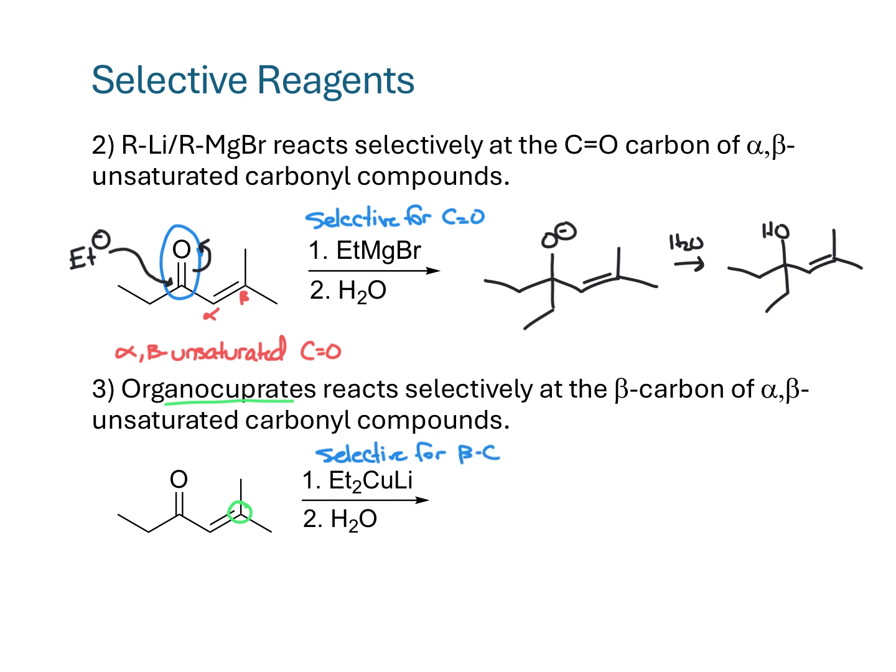So again, you have to have the alpha-beta unsaturated carbonyl for this reagent to show that selectivity, but if you have it, it's not going to care or react with the ketone. It's going to add to the beta carbon.